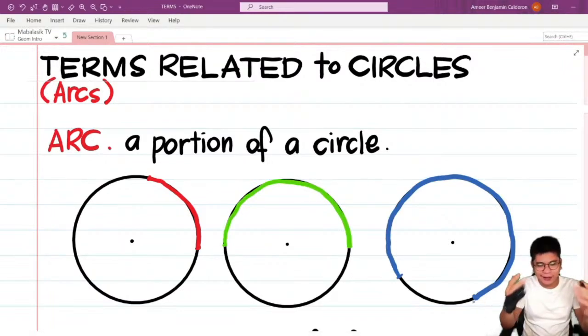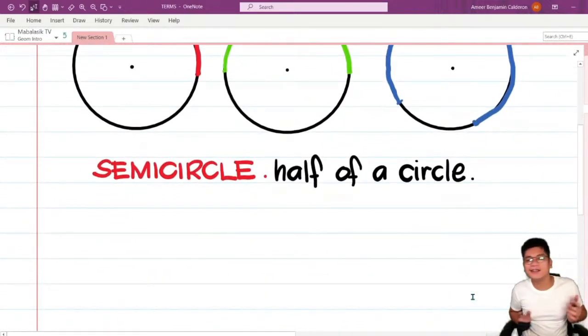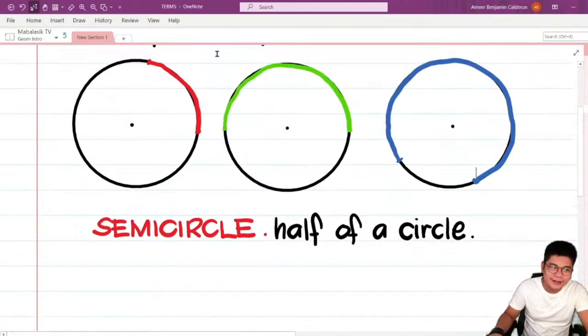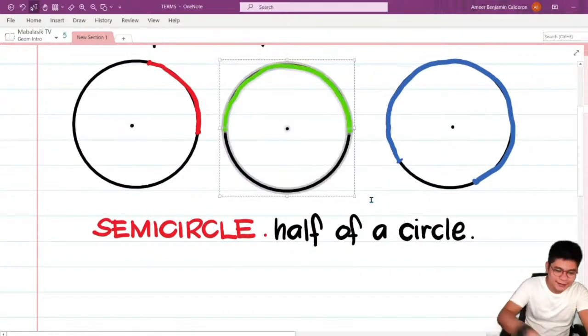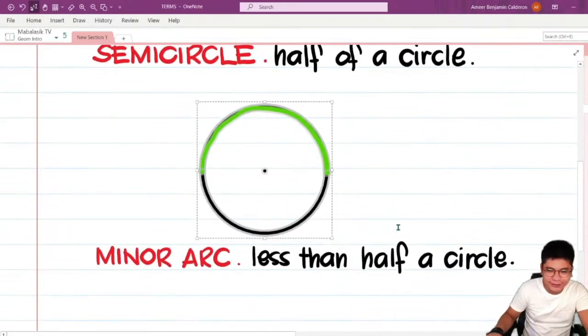Pero anong klaseng arcs yung mga yan? So first is a semicircle. So obviously, this is our semicircle. Half a circle.